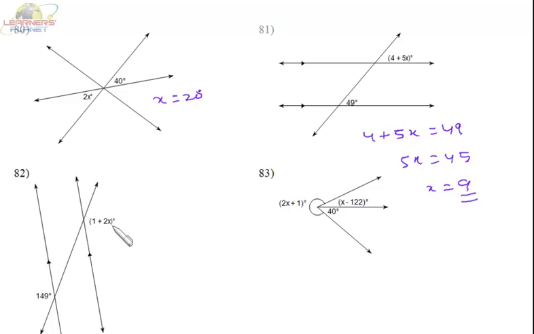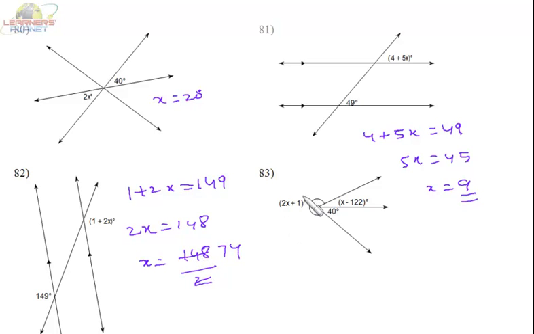So both of them will be alternate angles, or we can say alternate exterior angles, and they will be definitely same since the lines are parallel. So 1 plus 2x is 149, 2x is 148, that means x is 148 by 2, so it's 74.